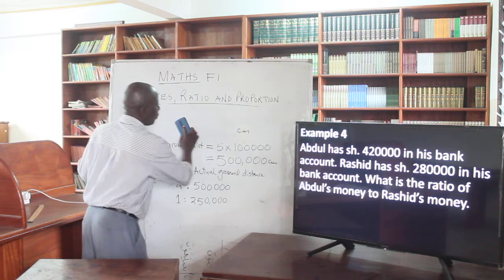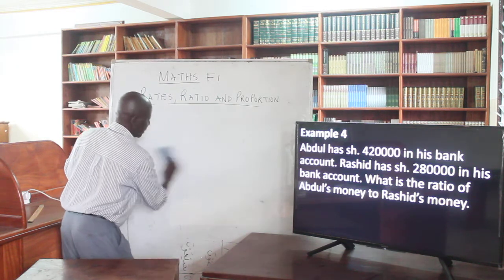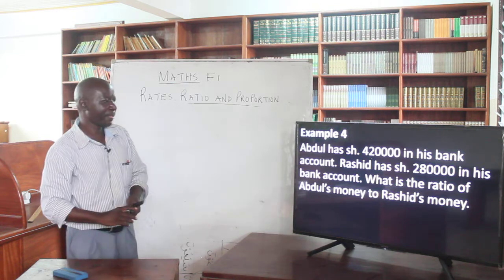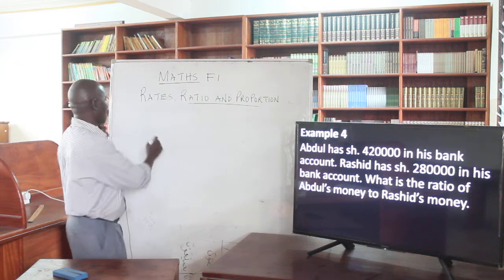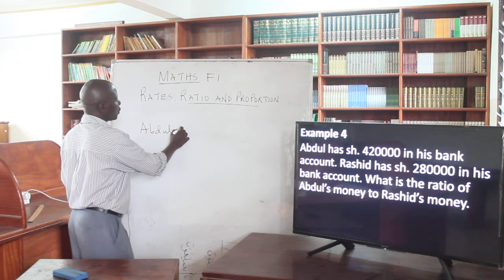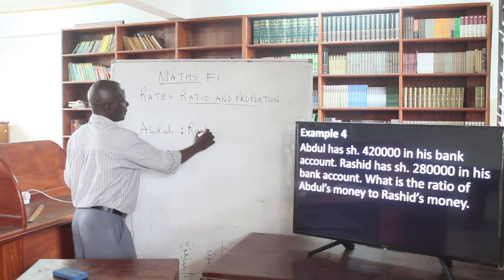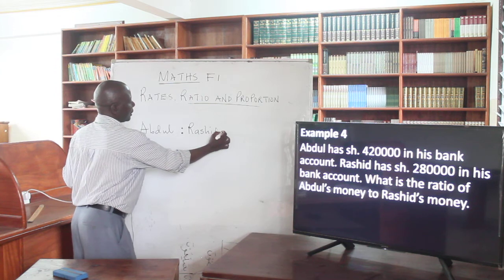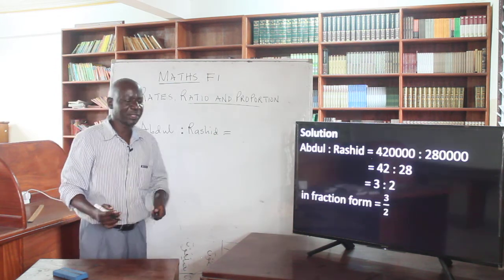We need the ratio, and we are told to start with Abdul's money to Rashid's money, so Abdul to Rashid.